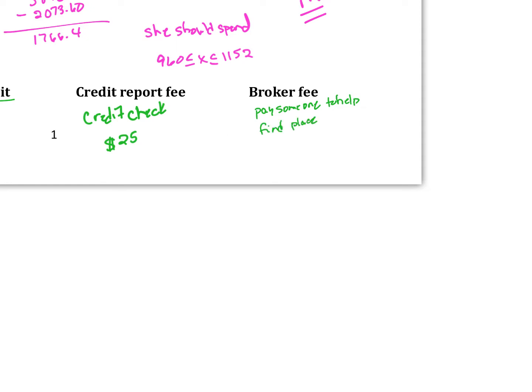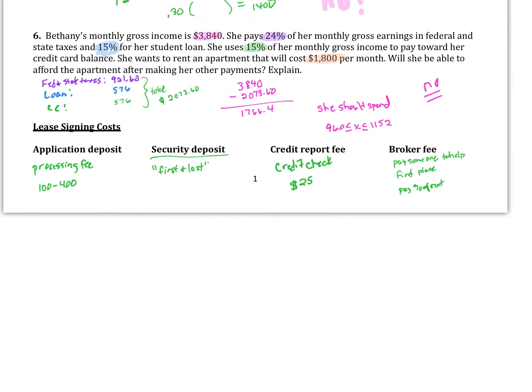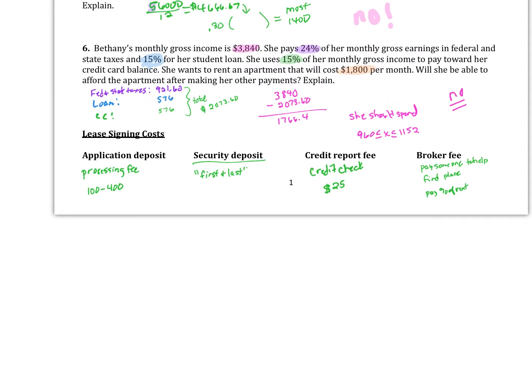There you usually pay a percentage of whatever the rent is to that broker. Like I said, that's kind of a big city type thing. I don't know if they do that in our area or not.